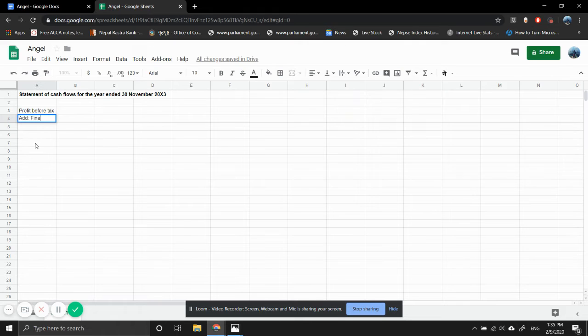Finance cost, add investment income, add share of associates' profit, right?